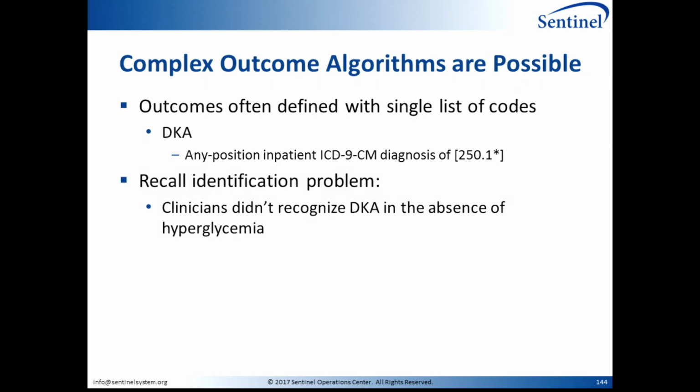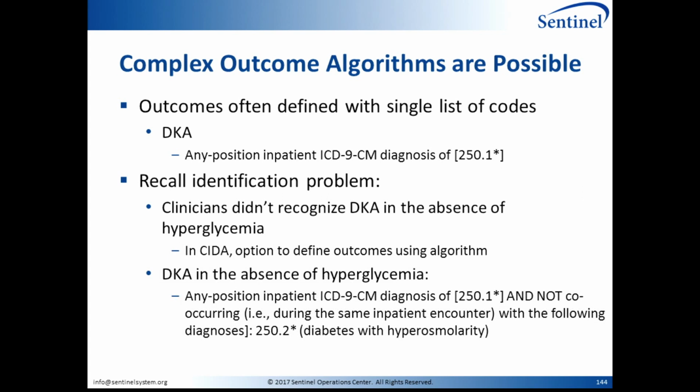And so one of the identification problems with this initial situation was that the clinicians, according to the FAERS reports, didn't initially recognize that this was DKA, because they were looking for DKA in the presence of hyperglycemia, because that was the usual presentation that they were used to. And so maybe we want to account for that in our outcome definition.